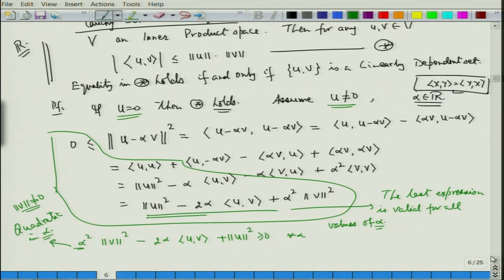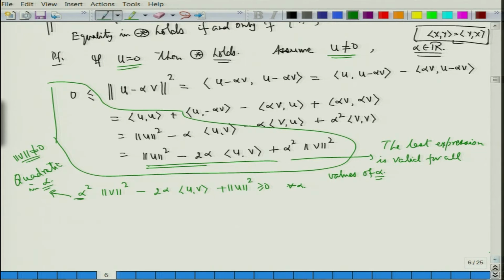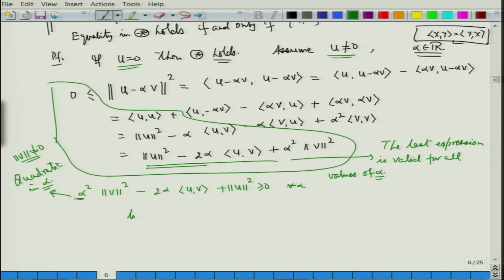Now when I say that some quadratic is greater than or equal to 0 for every alpha, it means that the discriminant, that is b square minus 4ac, of the quadratic, alright, should be greater than equal to 0 or less than equal to 0.